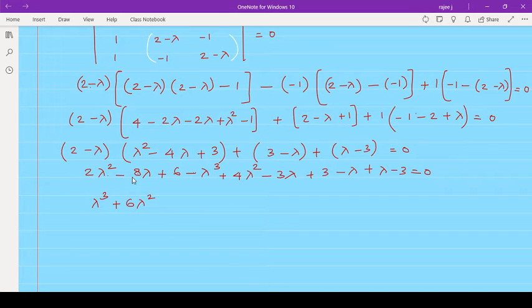Then here it is minus lambda plus lambda cancel, then minus 8 minus 3, minus 11 lambda, then plus 6 plus 3 minus 3, the 3s cancel, plus 6 equal to 0. We are getting this term.